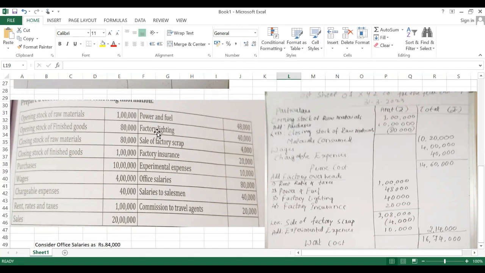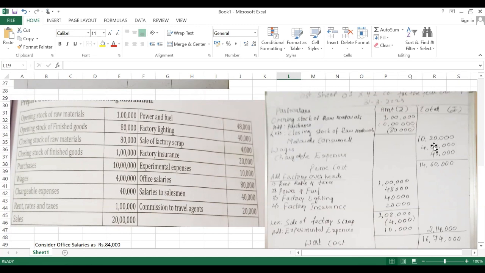Just go through once. Here, purchases are 10 lakhs. So mention purchases. There are no expenses, carriage inward or any expenses related to purchases, so there is no need to mention that. Less closing stock of raw material, which is 80,000. So material consumed will be 1,20,000.